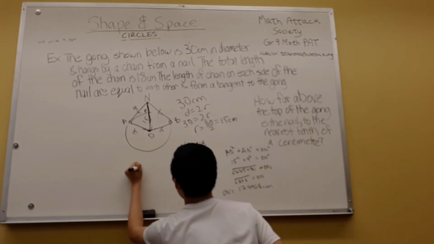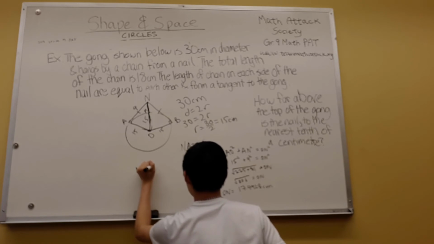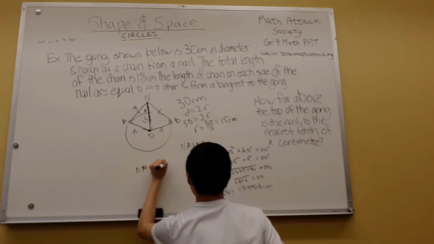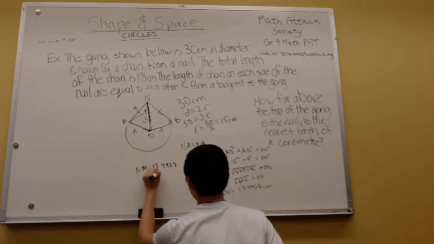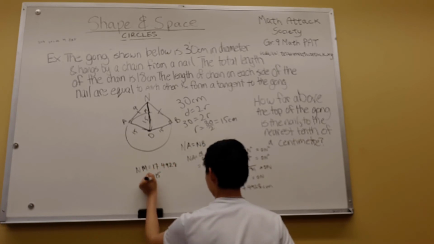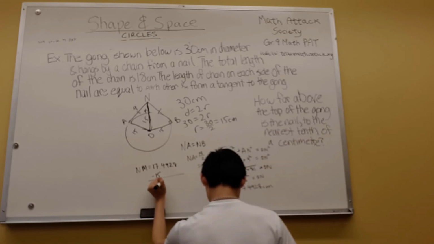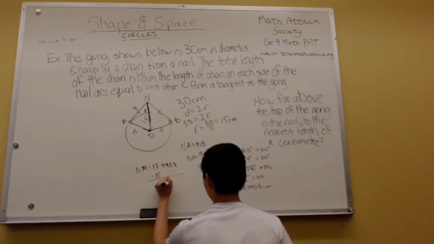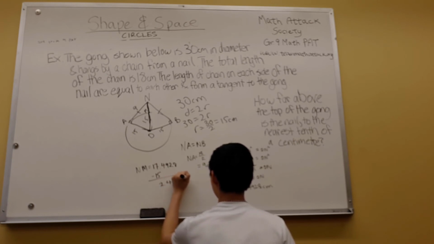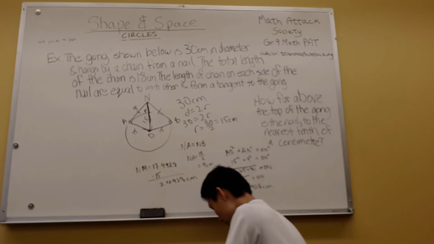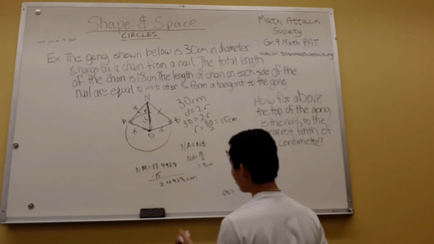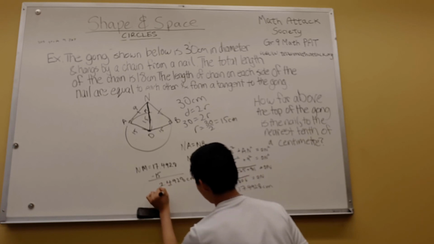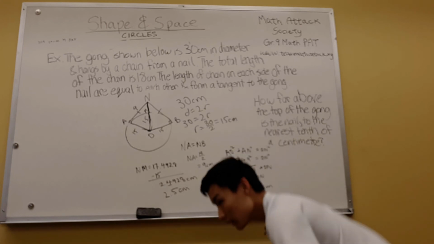What we get would be 2.4928 centimeters. Now, this question is asking for the answer to the nearest tenth of a centimeter, so this is the tenth, and we can round it to 2.5 centimeters.